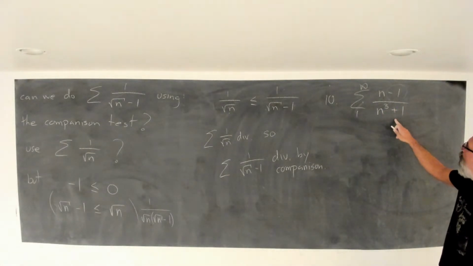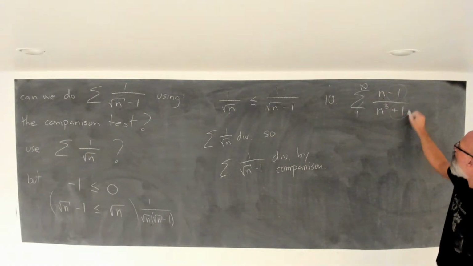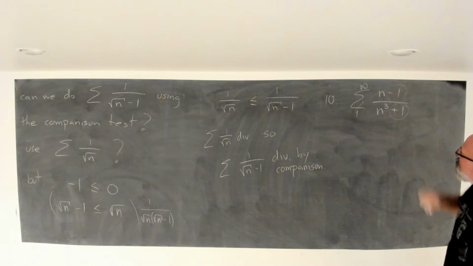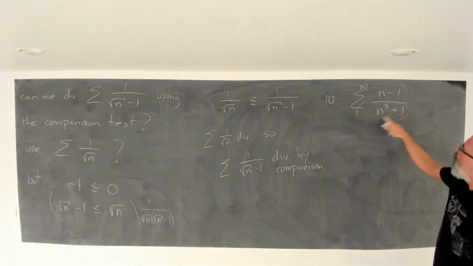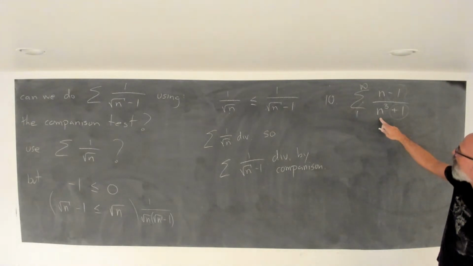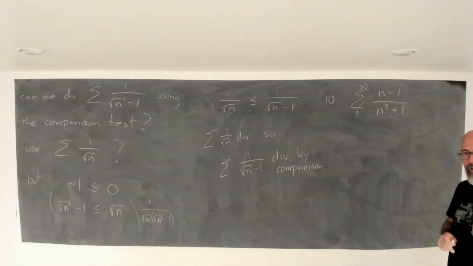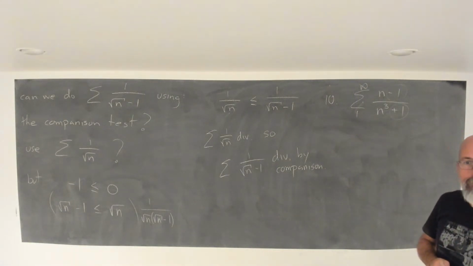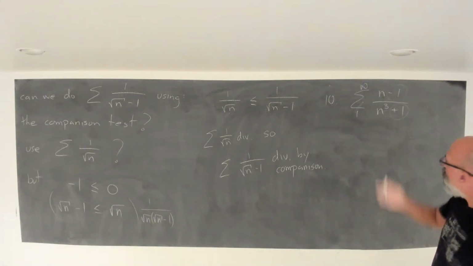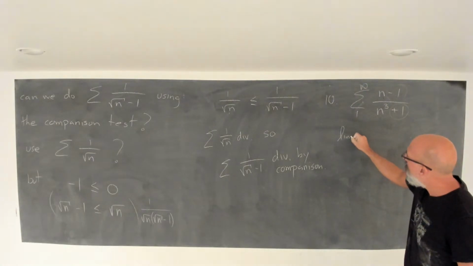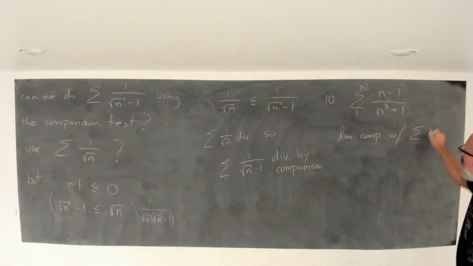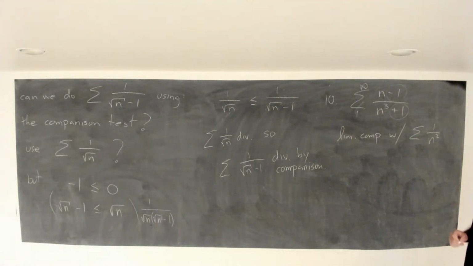Similarly, in the denominator, when n is very large, this positive one is insignificant as well. In other words, the denominator behaves like n cubed, the numerator behaves like n, so the whole thing is going to behave like 1 over n squared. So we're going to do a limit comparison with the series 1 over n squared.